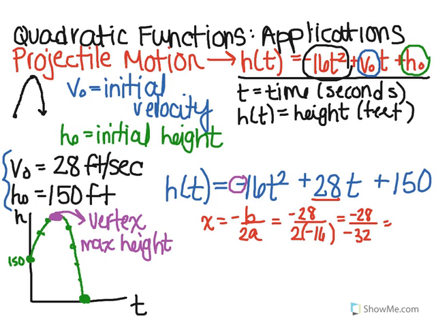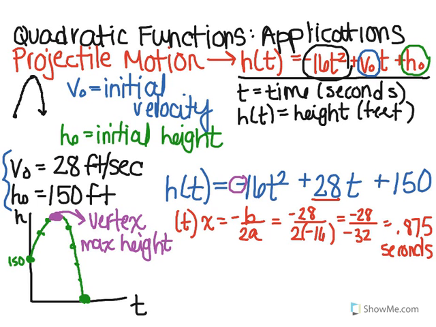If we divide that, that gives us a positive 0.875. Since we found the x value, which for us is our t, it reaches the maximum height after 0.875 seconds since it's been projected upwards.